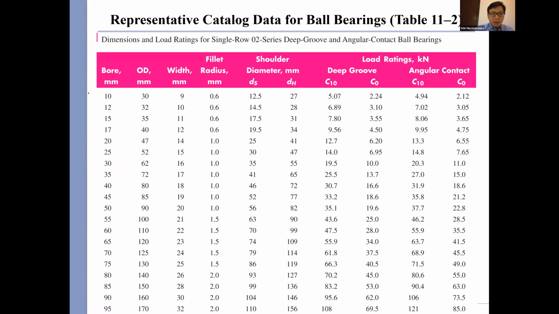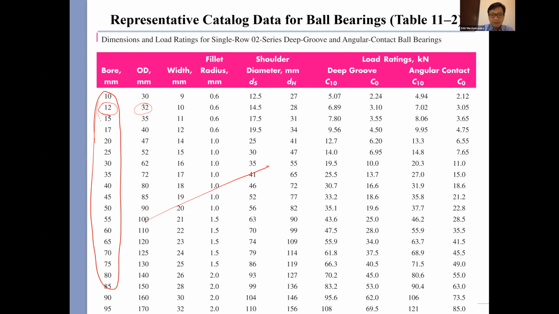The bore is the hole. This bore column is the inner diameter where you can fit your shaft. If your shaft is 12 millimeters, then here's your bore. The OD is the outside diameter, where you need to create a pocket to put the bearing in.